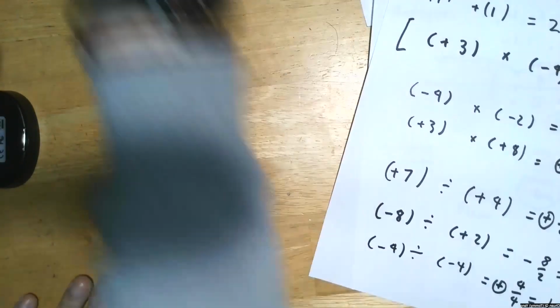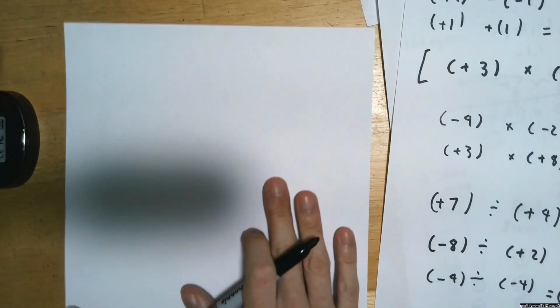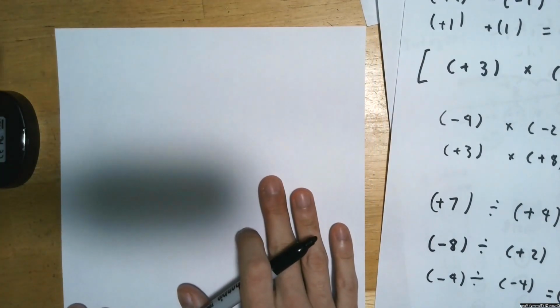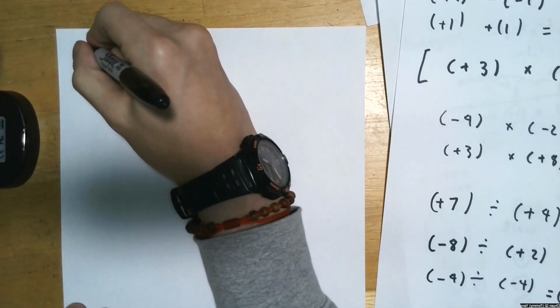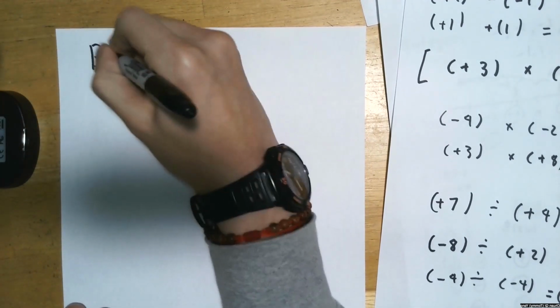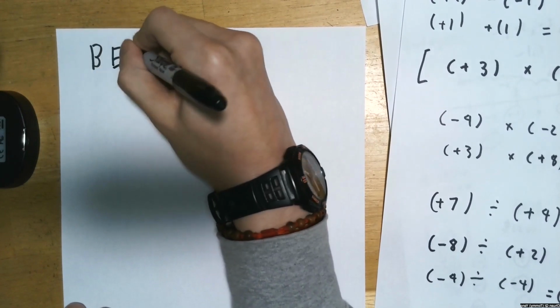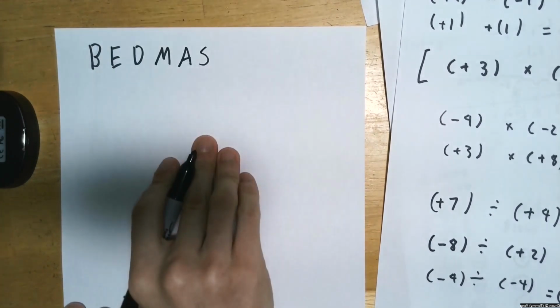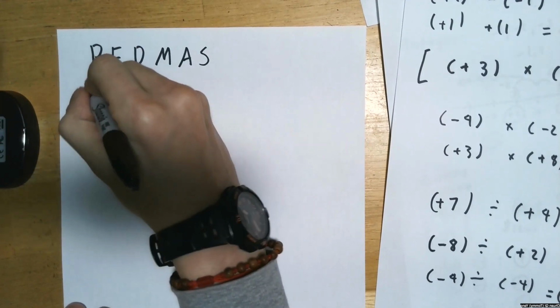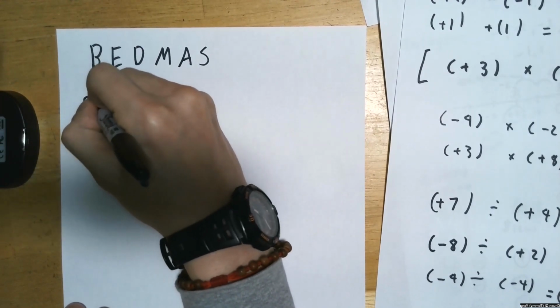Now, one bit of review that I wanted to get here as well is that when we're doing anything involving brackets, multiplying, addition, subtraction, we always need to remember the rule of BEDMAS or PEDMAS. As for BEDMAS, it discusses that first we need to work with brackets.